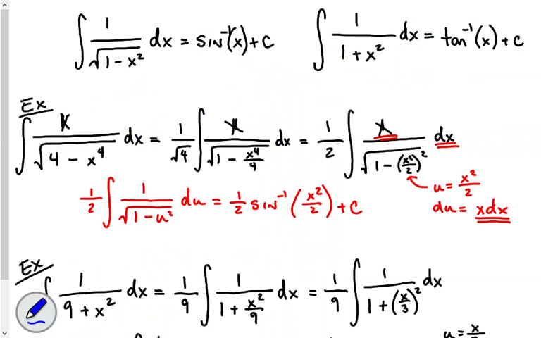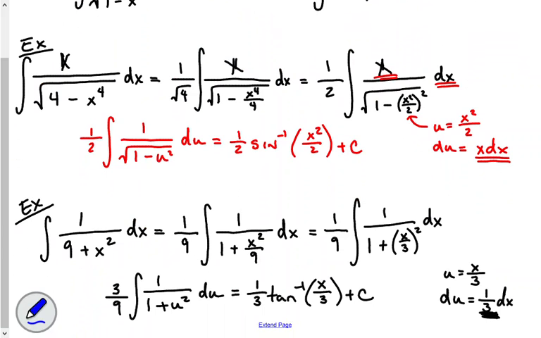They were already perfect squares. This one, the 4 and the 9 were already perfect squares. So my numbers down here were 3 and 2. So if they're perfect squares, you don't have to take the square root? No, you do, but the square root of 4 ended up with a 2, and the square root of 9 ended up with a 3. Because when you take the 9 out, so do you just disregard the square root that's above all of it? Yeah, that's part of the inverse sine part.